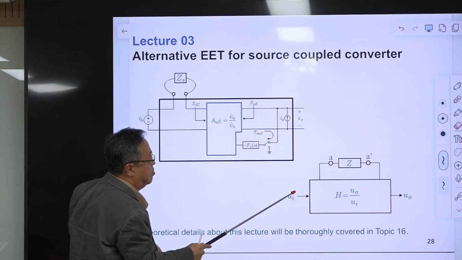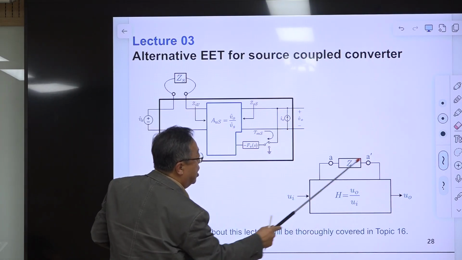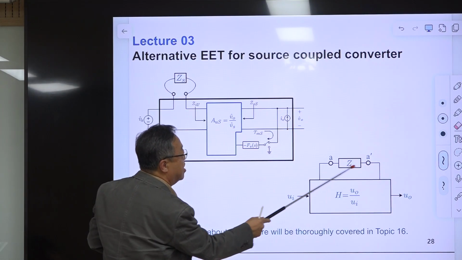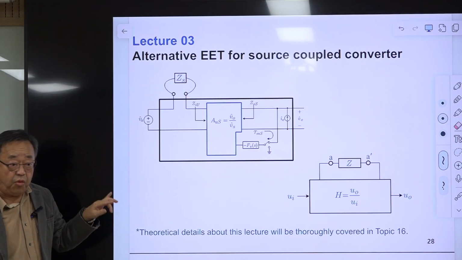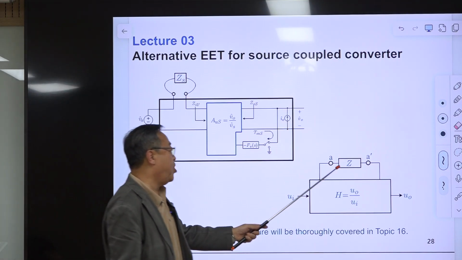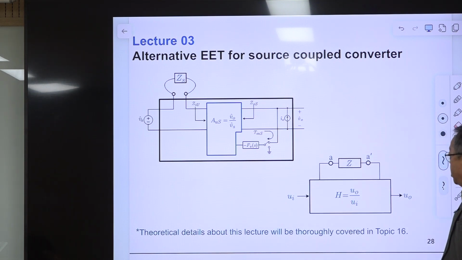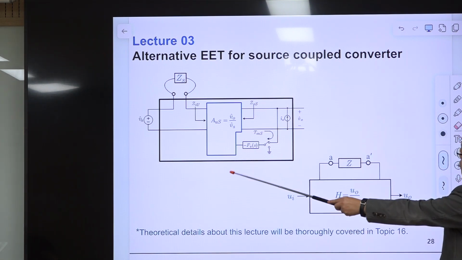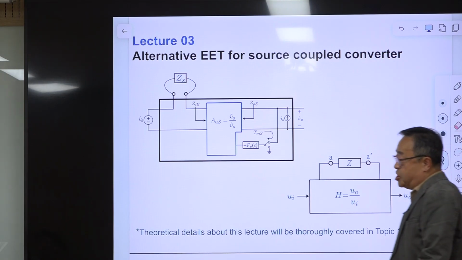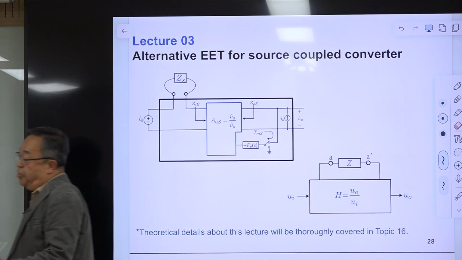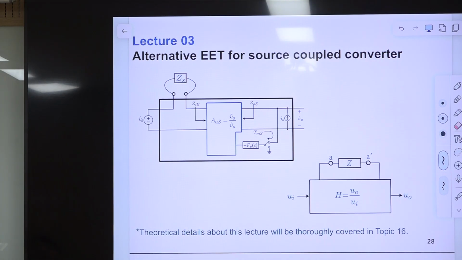This is the input to output transfer function, and this GS is the extra element. Locate the A prime terminal, and H is the transfer gain. Our interest is the input to output small signal voltage transfer function, which is sometimes called audio susceptibility or input to output transfer function.